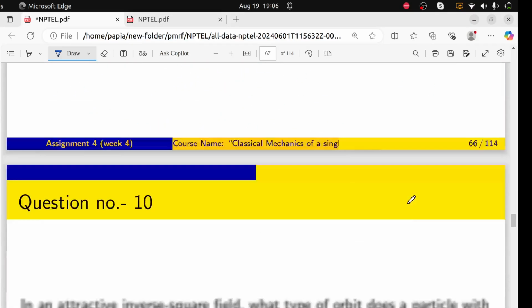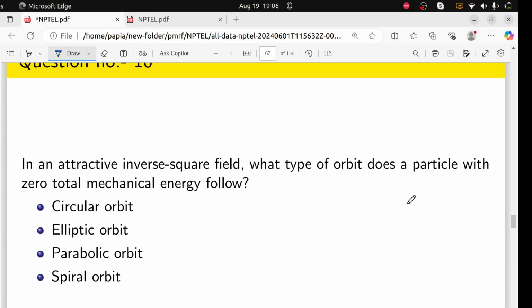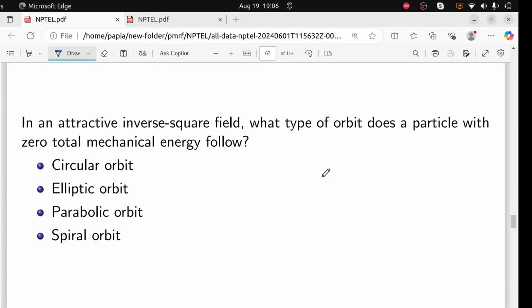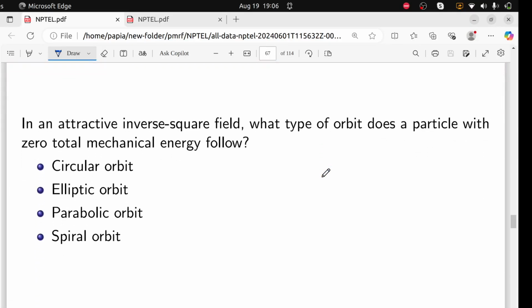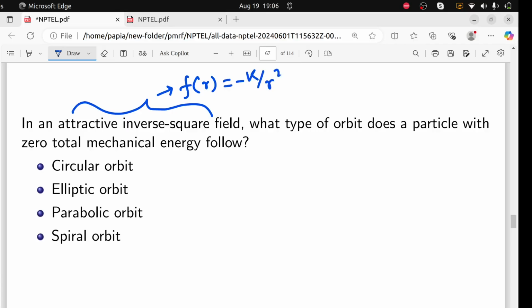Okay, so coming to the second one, the 10th one. In an attractive inverse square, first of all let me write here, attractive inverse square, that means Fr is minus K by R square. What type of orbit does a particle with zero total mechanical energy follow? E is 0, just mention this.